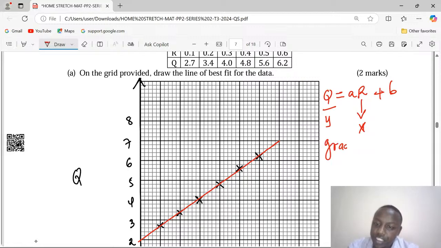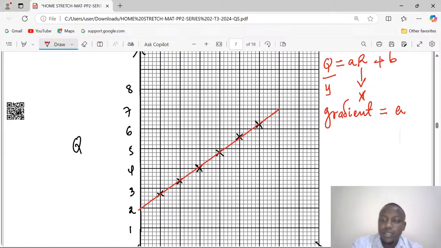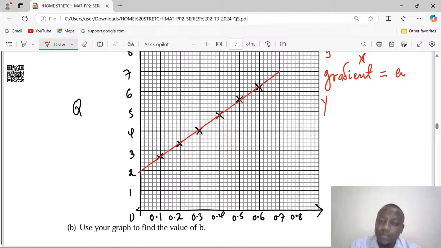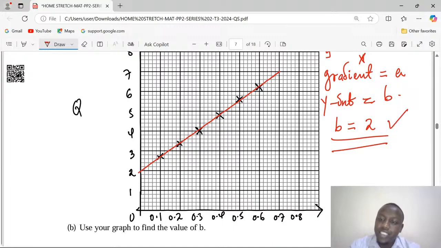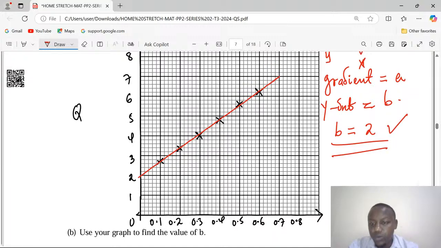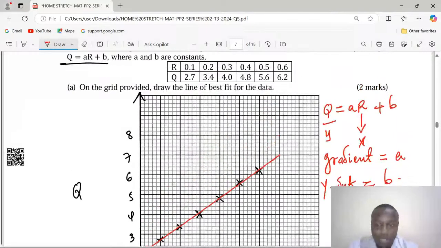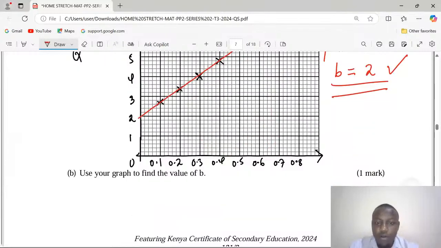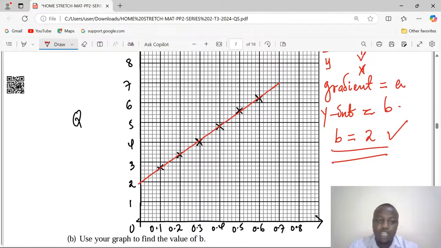So the gradient will give us A, and the y-intercept will give us the value of B. Now from the graph, the y-intercept is exactly 2. If A was to be calculated, then we would have gone for the gradient of this particular line.